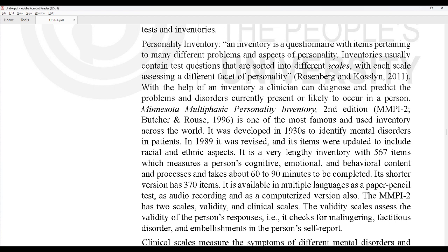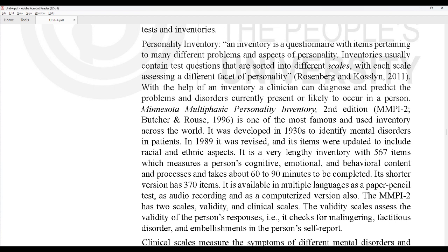It is a very lengthy inventory with 567 items which measures a person's cognitive, emotional, and behavioral content and processes and takes about 60 to 90 minutes to complete. Its shorter version has 370 items. It is available in multiple languages as a paper-pencil test, as an audio recording, and as a computerized version also.